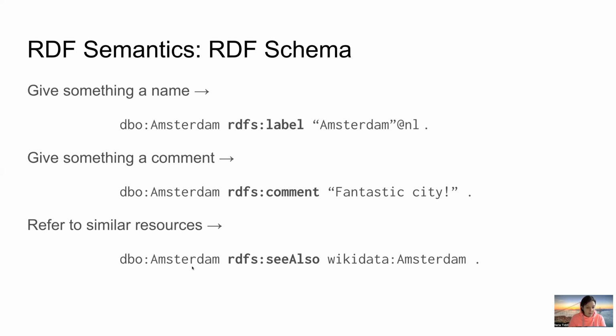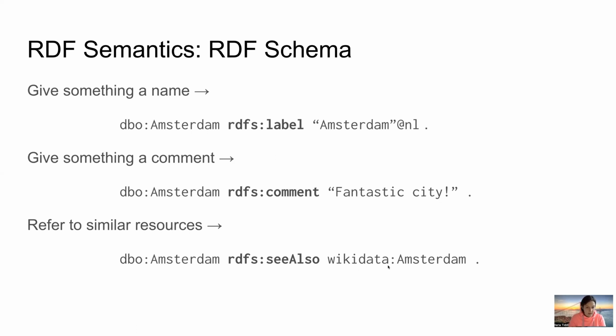So we might have Amsterdam in a certain knowledge graph. This is Wikipedia, which is a famous knowledge graph, and it is linked to another knowledge graph, which is Wikidata, and you can express things like, okay, if you are interested in Amsterdam from Wikipedia, you might also want to see the information you can find in Wikidata.